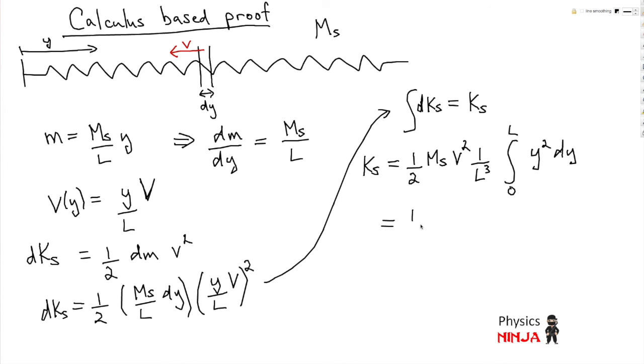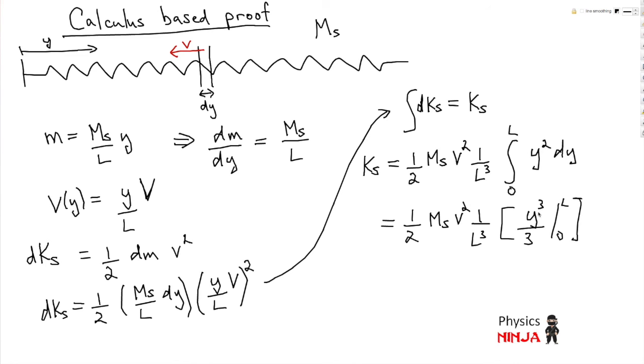Now if you integrate that function, that's very easy to do. You're going to be left with 1 over L cubed, and this term simply becomes y cubed divided by 3, and you're evaluating that from the limits of 0 all the way to L. And that's very clear.